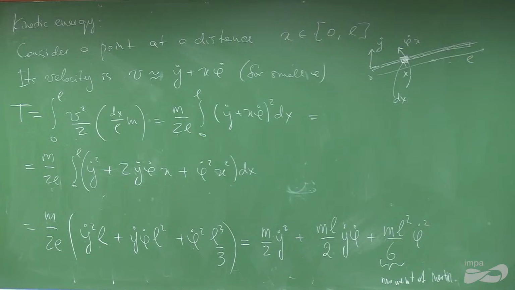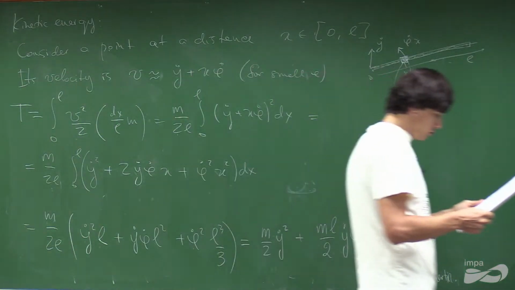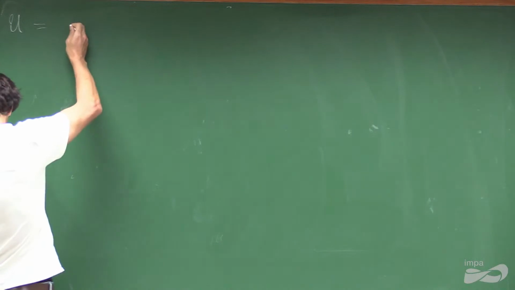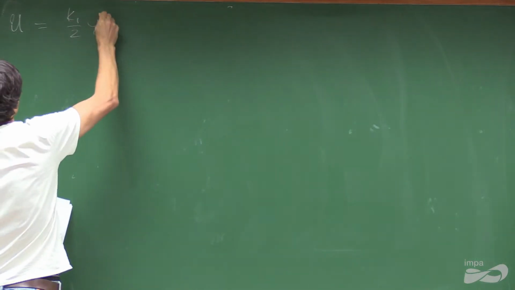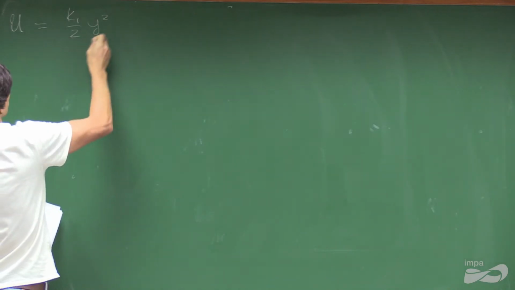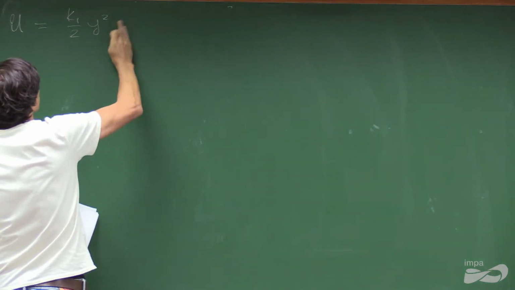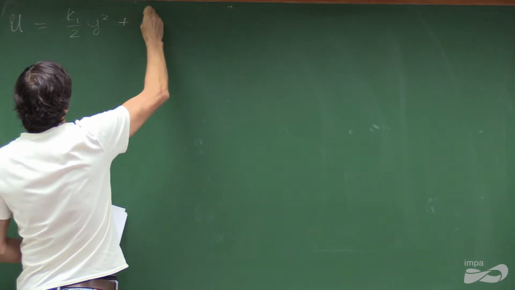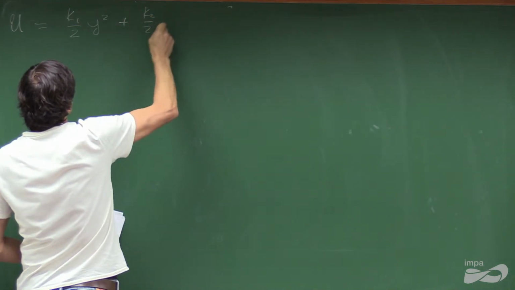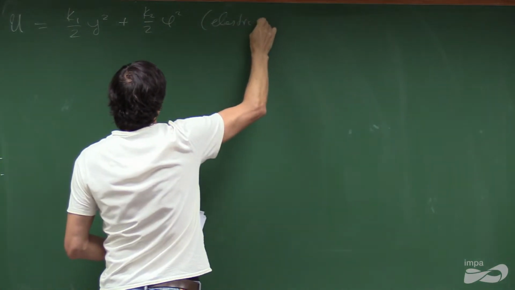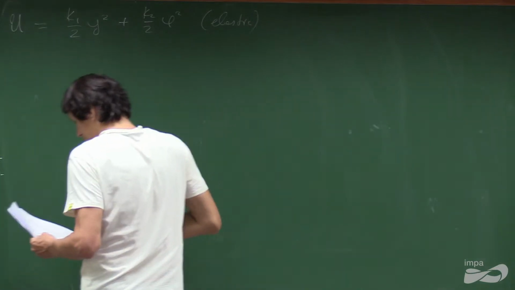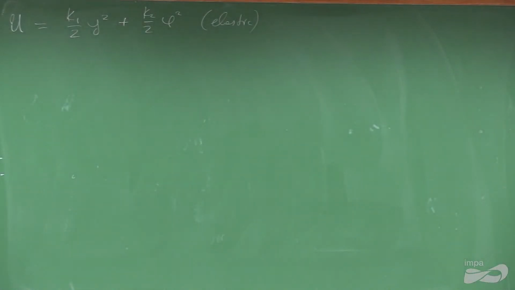So we take the standard elastic potential: this expression for the vertical spring, and the other for the angular spring. And there is an aerodynamic force, which is a kind of exterior force.